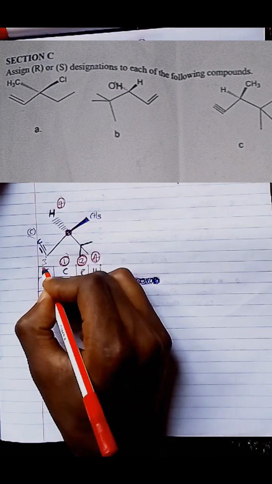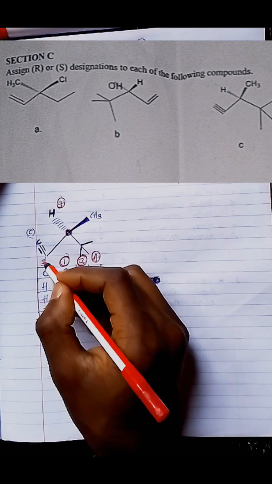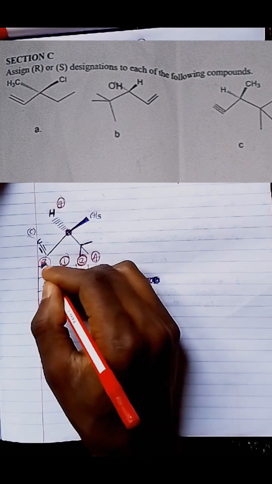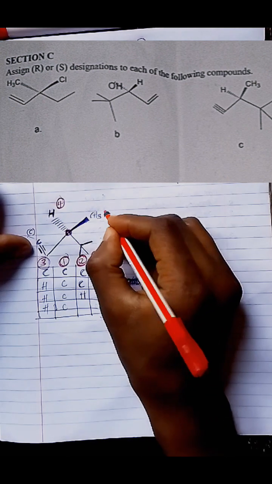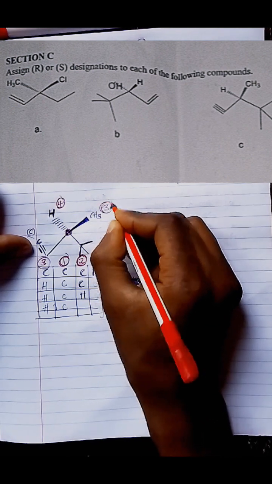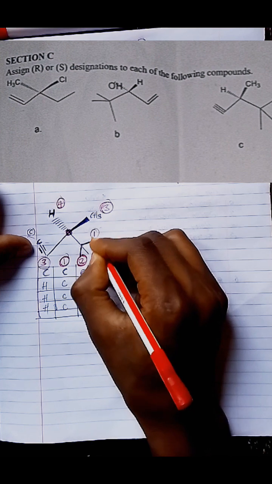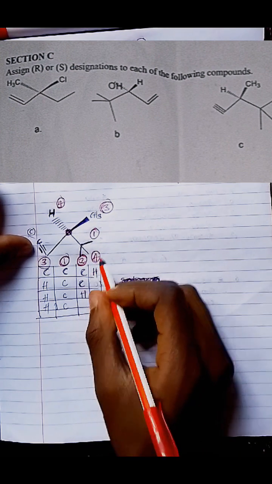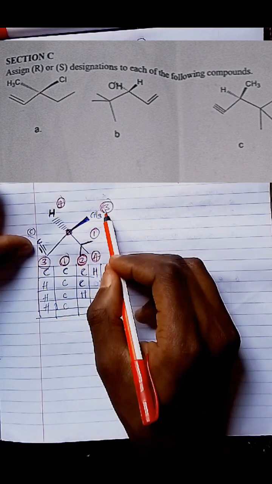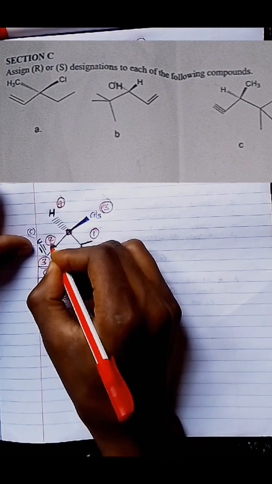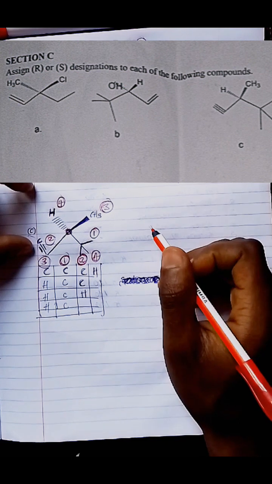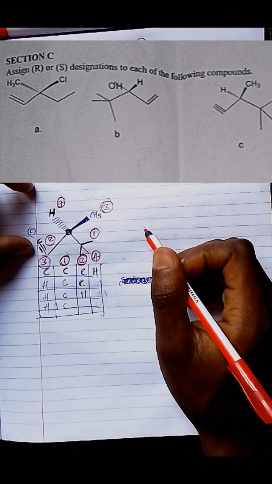And then third priority goes to this part here. So then we write that in. So this one will get third priority. This one will get first priority. And so third, first, this one will get second. And that one will get fourth priority.